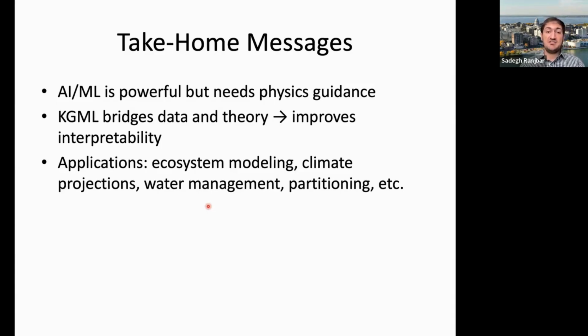And the KGML can bridge the data and theory and improves interpretability, and the applications are ecosystem modeling, climate projection, water management, and partitioning, etc.